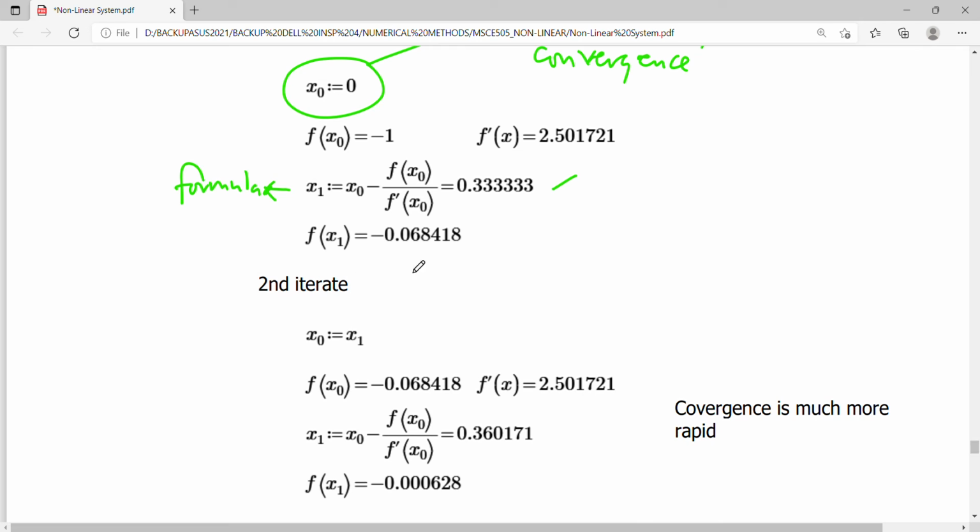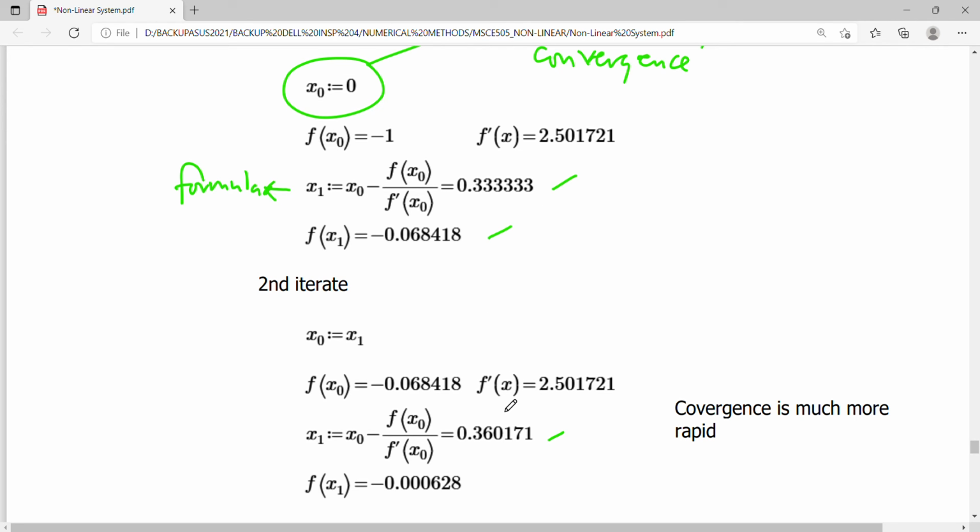So f(x1) is 0.068418 in this case. Then second iterate, I just copy this and paste it here. So I get x2 to be 0.360171. Look at the convergence, it's very fast, no?